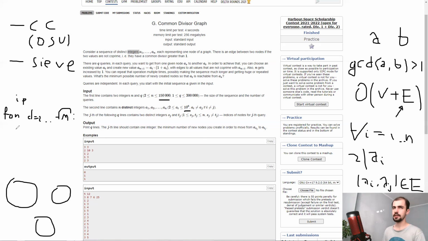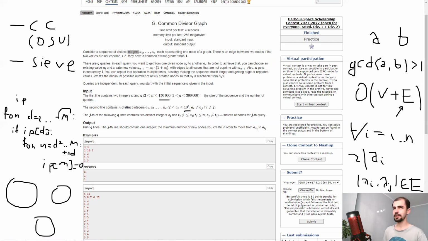And you say, if d is prime, then you can loop over multipliers. The way I usually do it is I loop from d squared up to m with a step of d, so plus equals d. And then you set is_prime of multiplier to false.